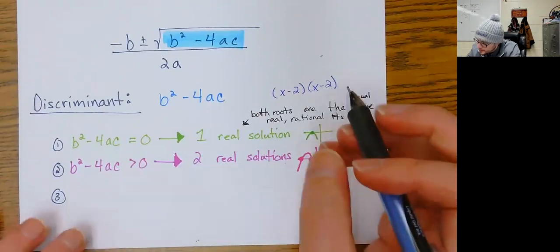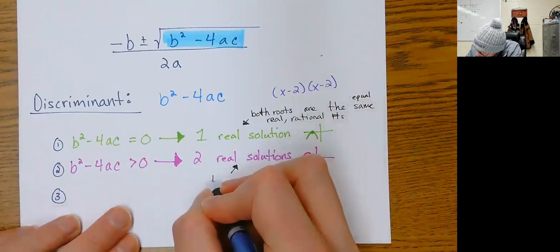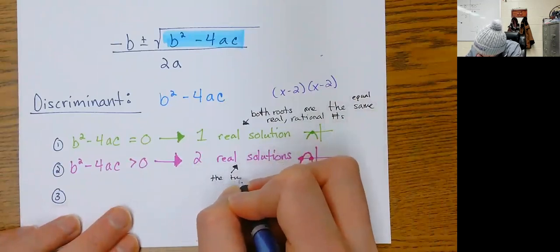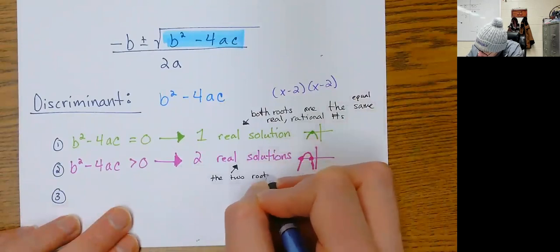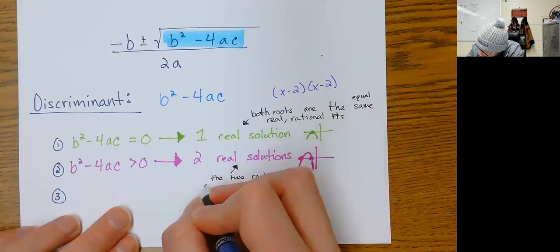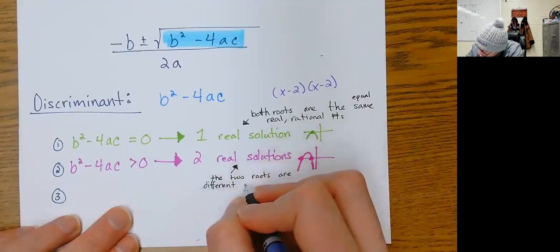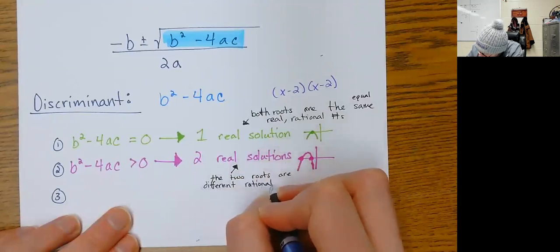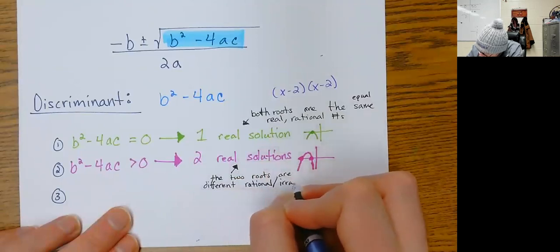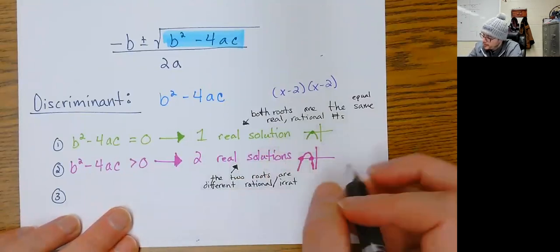And how can you explain this one? The two roots, the two solutions, are different, rational or irrational. If you can't find the square root, like the square root of 13, you're going to get an irrational number.